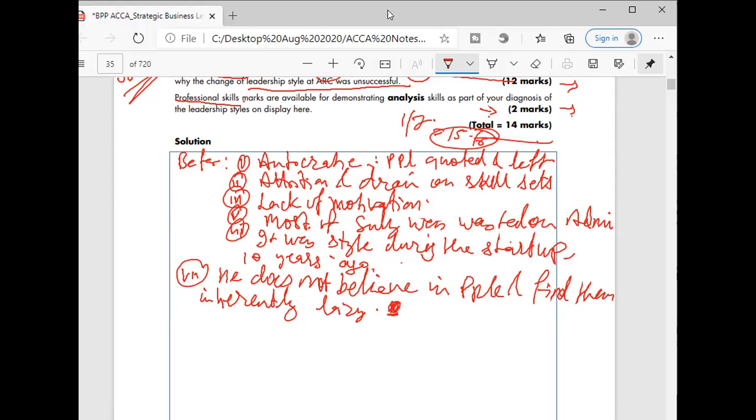Yes, you're right in saying that his leadership style lacks some emotional intelligence or social traits, but then you have to justify it, and you can justify like this. Let me add point number 8: lacking emotional intelligence or social traits, as you said.